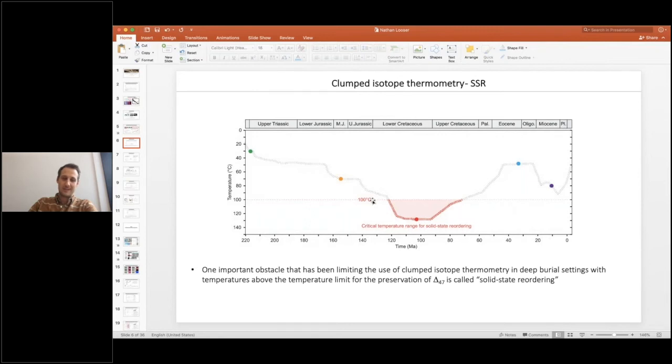That also depends on how long it was heated above 100 degrees, or if it was hotter for a short time. Anyway, as a rule of thumb, if you reach temperatures above 100 degrees, you might have a problem with solid state reordering.